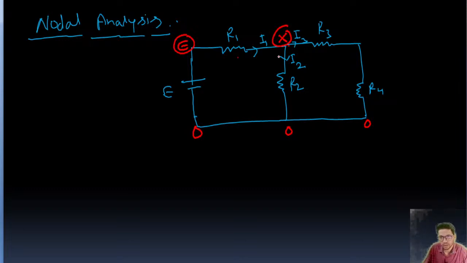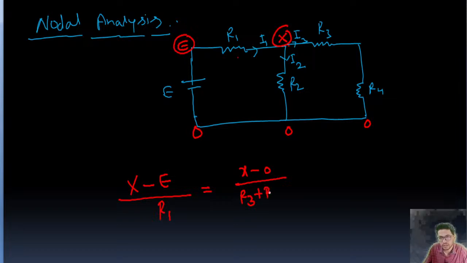We are using KCL. So the equation for this circuit is going to be X minus E upon R1, plus X minus 0 upon R3 plus R4, my apologies, it's plus, and then plus for this X minus 0 upon R2 equal to 0.